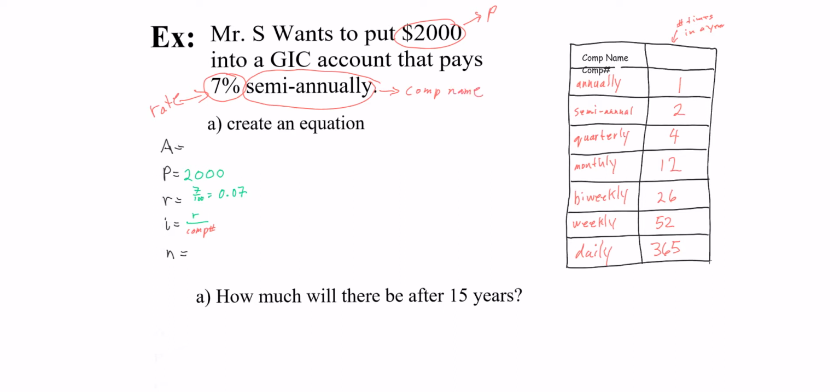If we go look at our chart over here, semi-annual means this happens twice a year, which means that this i value is 0.07 divided by 2.